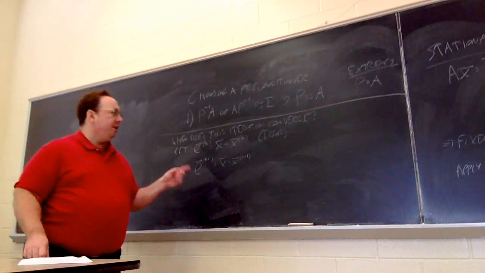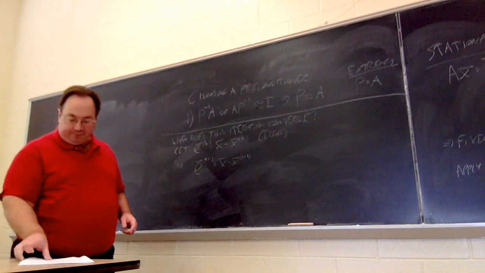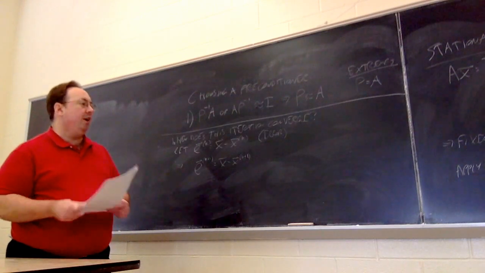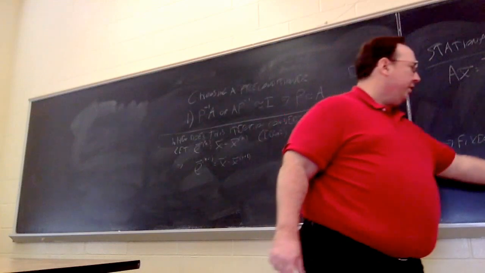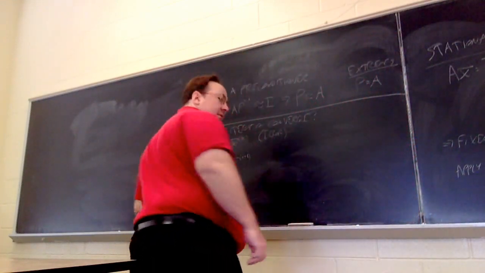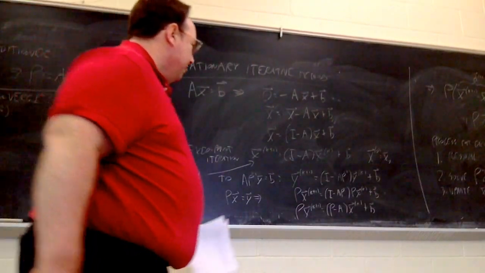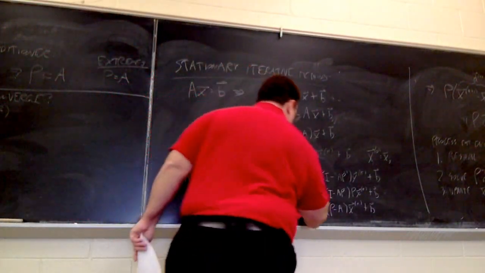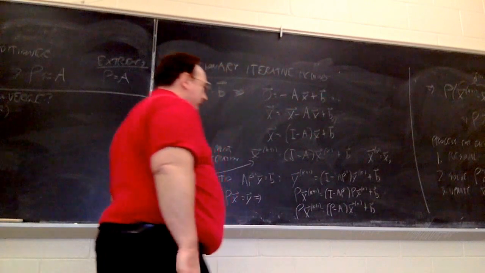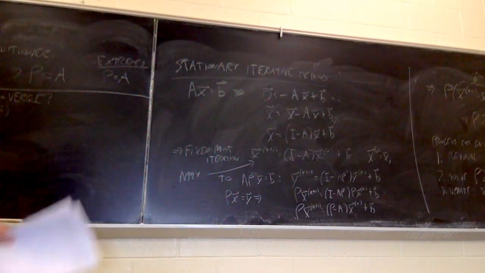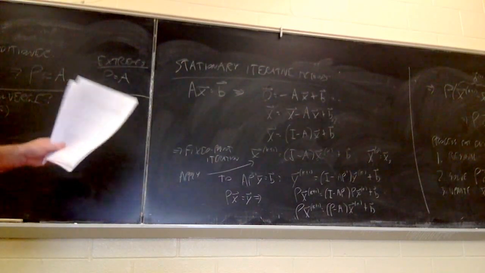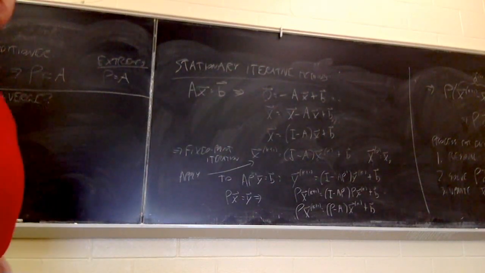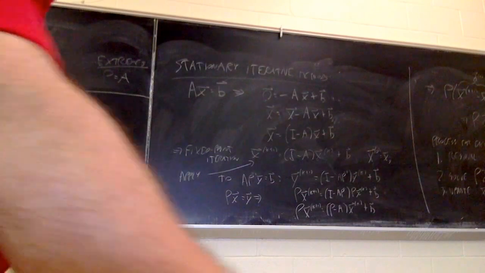So now I'll take my formula for x_{k+1} from over here. This formula, I can solve for x_{k+1}. So x_{k+1} would be P inverse times everything on the right side, and I'll just substitute that in to what I have going over here.